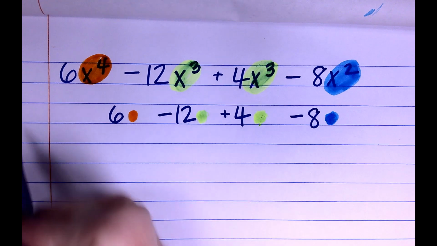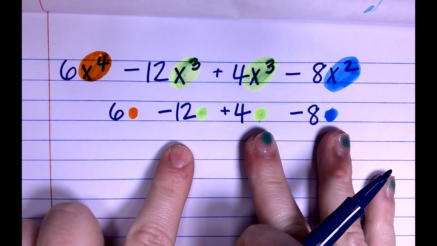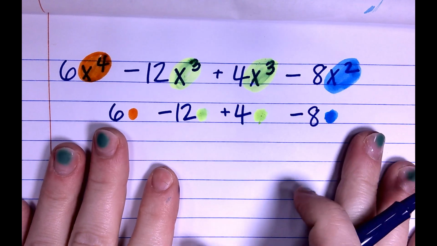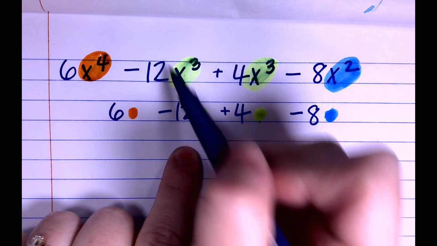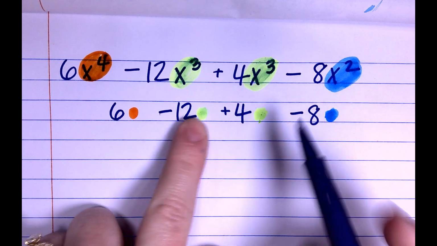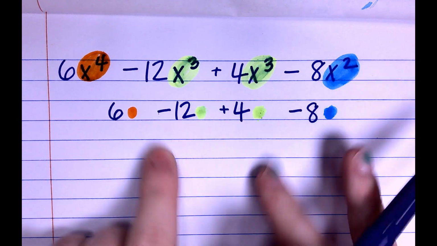So once we've gotten to the point that we're done multiplying and we're just looking at terms, we need to switch our mindsets over to now the exponents don't matter. Now I'm just looking at what goes together and we're only looking at those numbers. So my x to the third powers are my yellows. So I'm going to put those together.